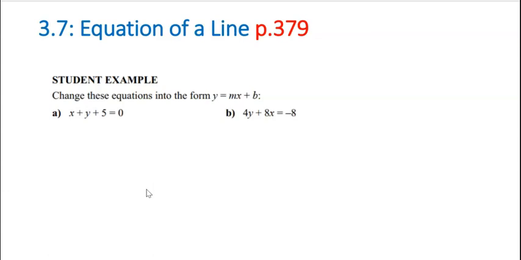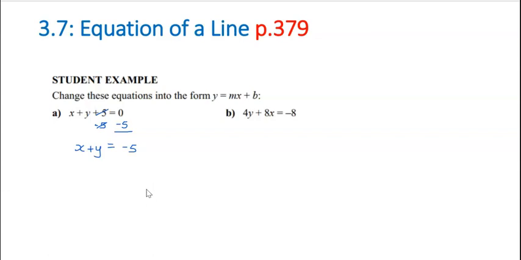We need to move out the terms to isolate y. So we can decide what we want to move first. I'm going to move the 5 away first by subtracting it from both sides of the equation. That will leave me with x plus y is equal to 0 minus 5, which is negative 5.